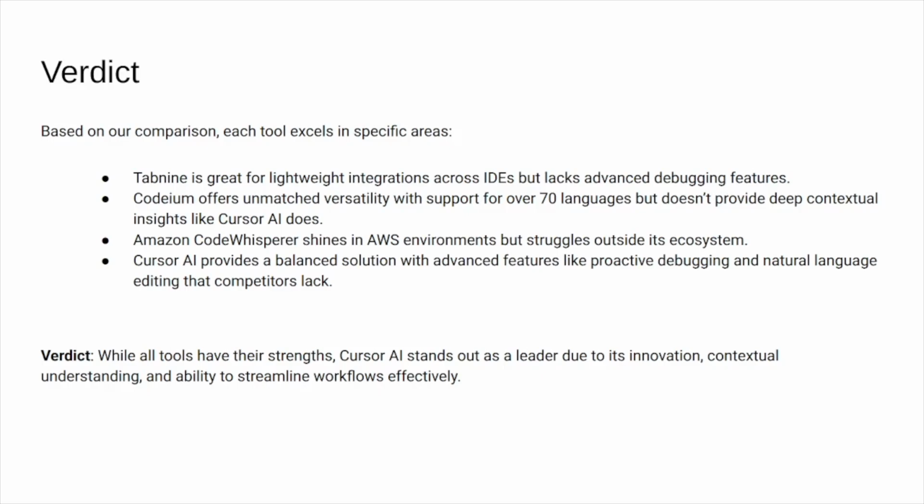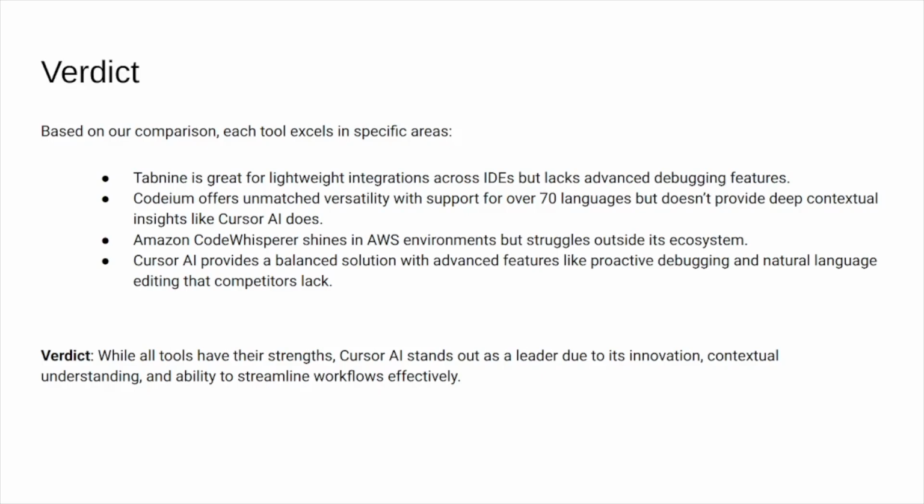Here's the final verdict. Tabnine is great for lightweight integrations across multiple IDEs, but it lacks advanced debugging features. Codium offers a lot of programming language support, but doesn't provide deep contextual insights like Cursor AI. Amazon CodeWhisperer shines in AWS environments but struggles outside its ecosystem.